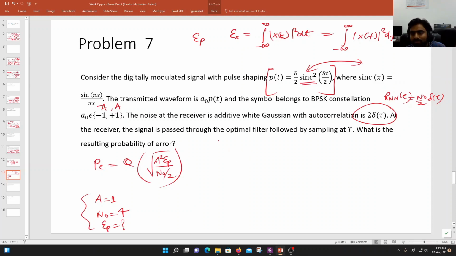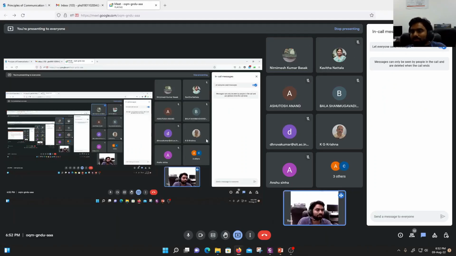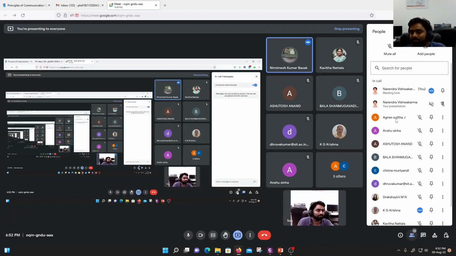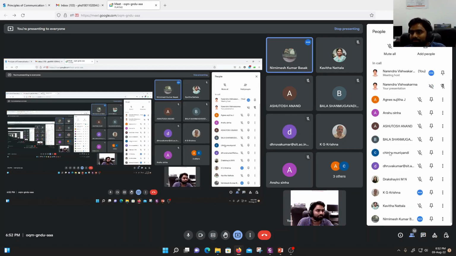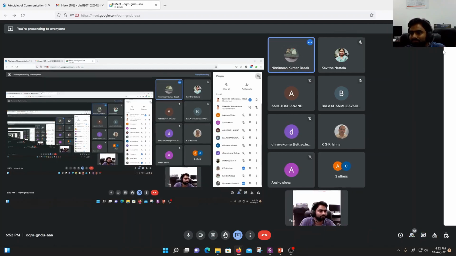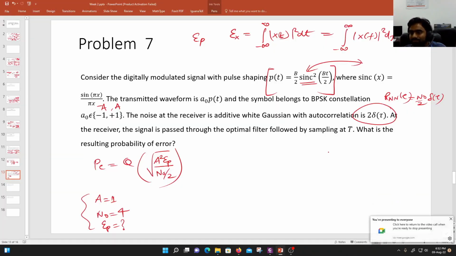No, sinc square, so it will be the convolution in the frequency domain of two rectangular pulses. It is a convolution, so it is a triangular pulse. Yes, correct. Triangular pulse.